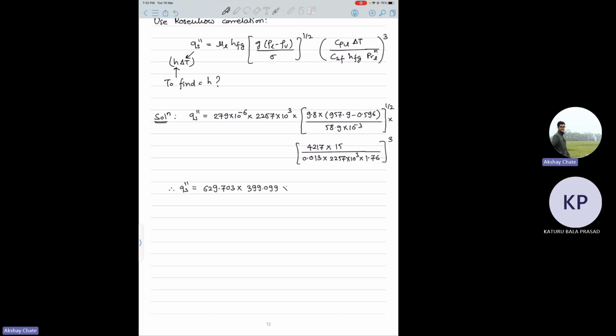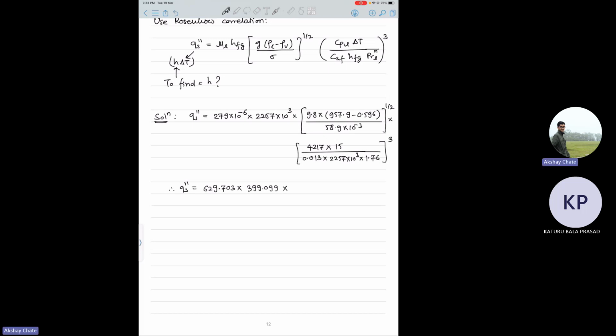Okay, and the last term, which will be 4217 into 15 divided by 0.013 divided by 2257 divided by 1000 divided by 1.76, and we have to take the cube of this.